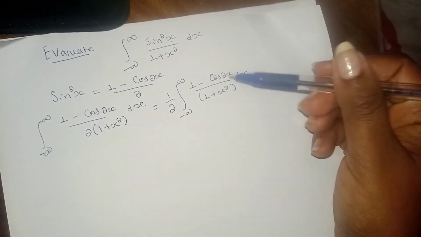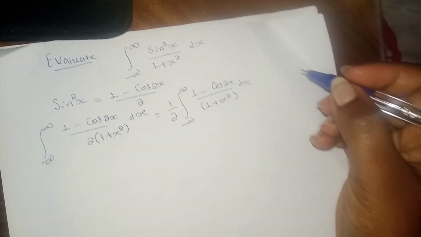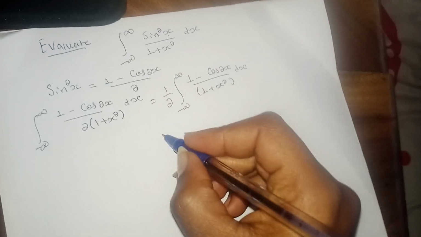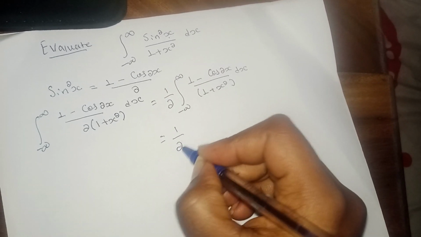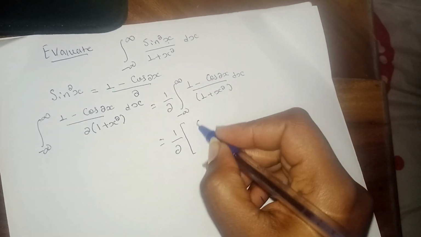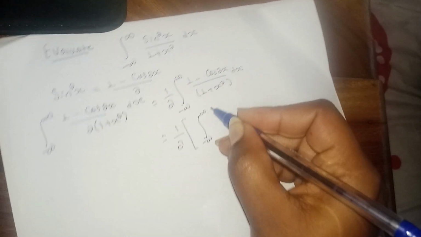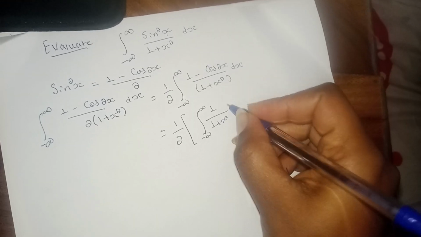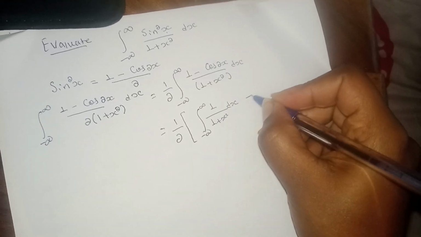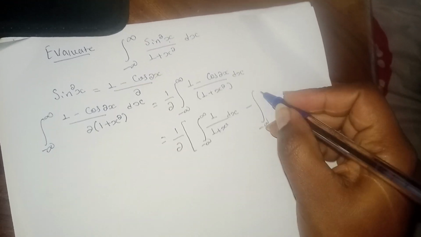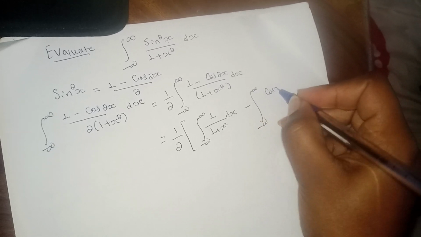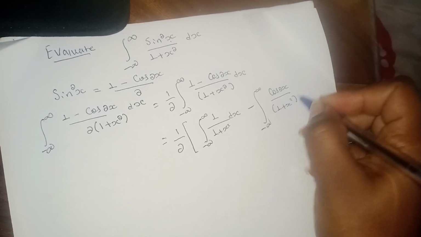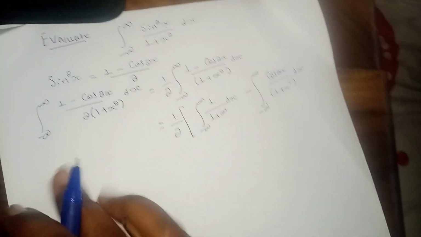Again, let us divide this function into two parts. So let me write this as 1 over 2 times the integral of 1 over 1 plus x squared dx, minus the integral from negative infinity to infinity of cos 2x over 1 plus x squared dx.